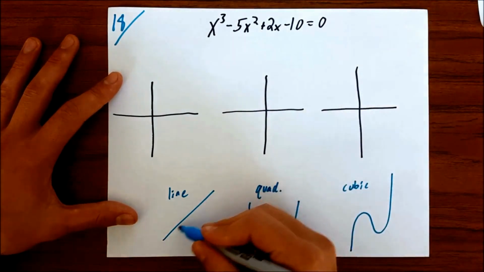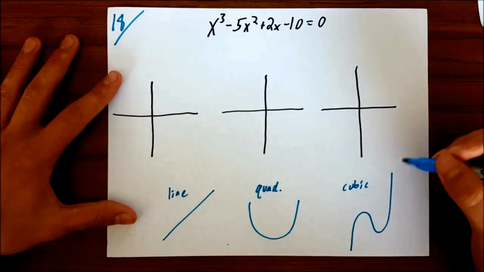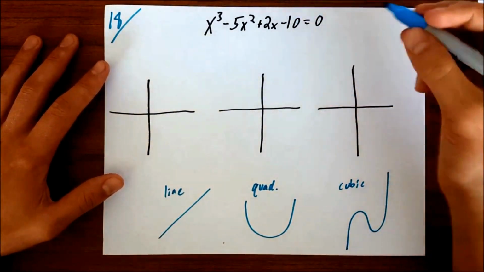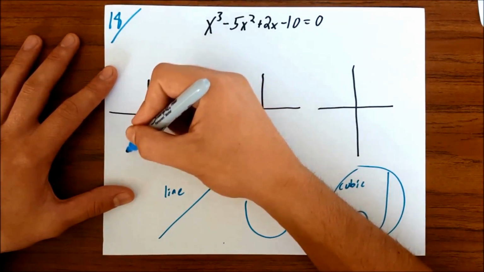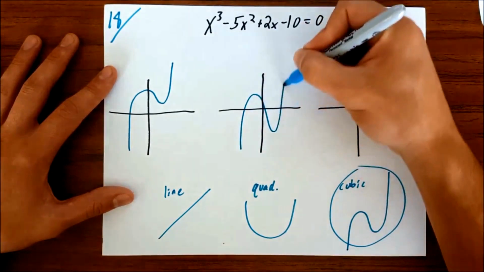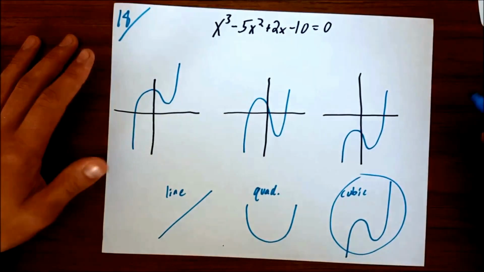A line has no bends, a quadratic has one bend, and a cubic has two bends: inflection points, minima. So this cubic is going to look generally like that, so it might look like this, it might look like this, and it might look like this.